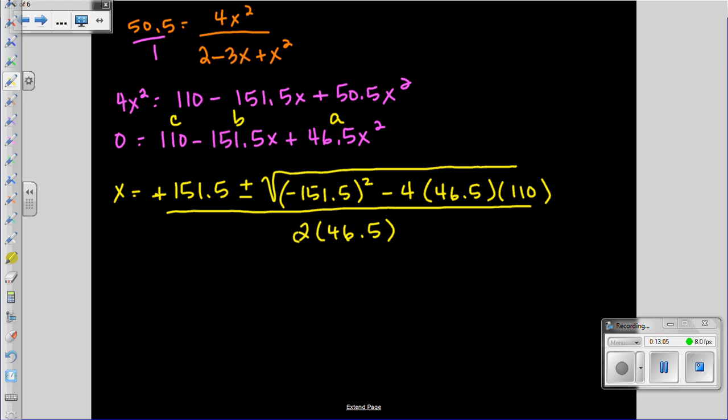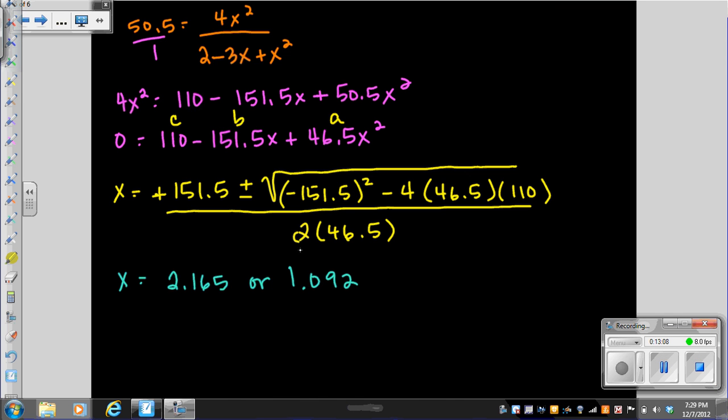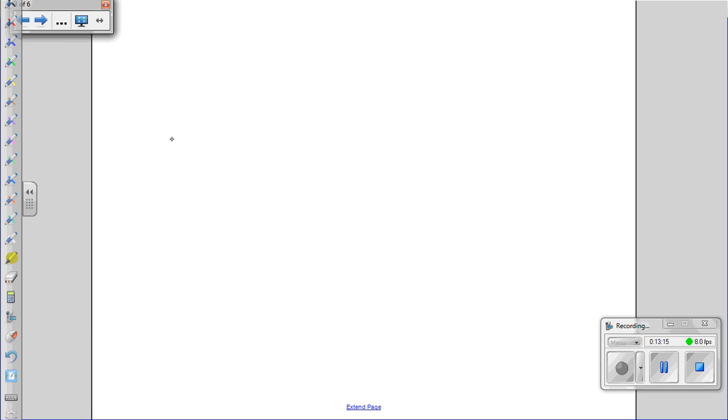Okay, so when I solved, I got 2.165 or 1.092.